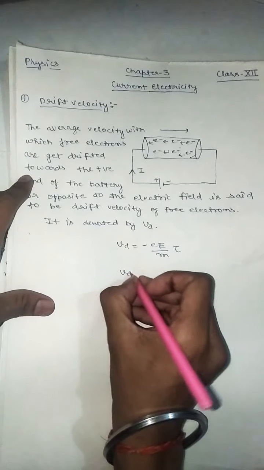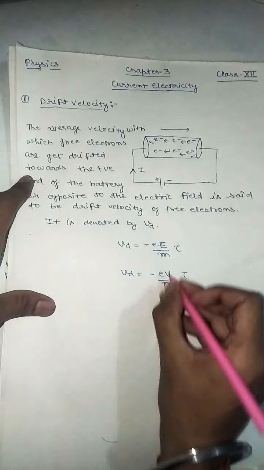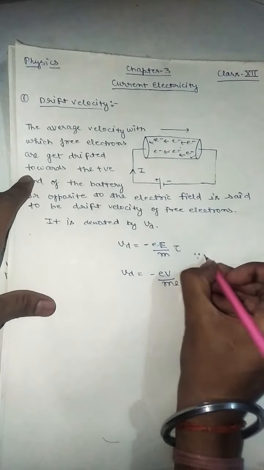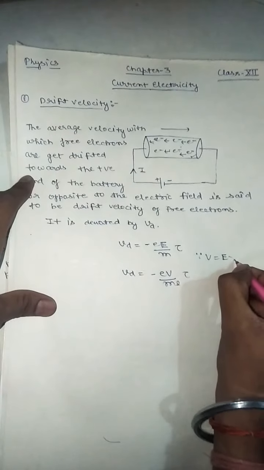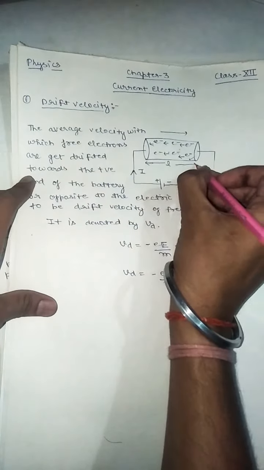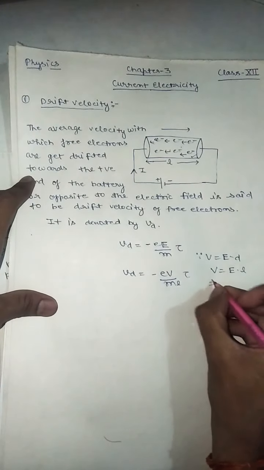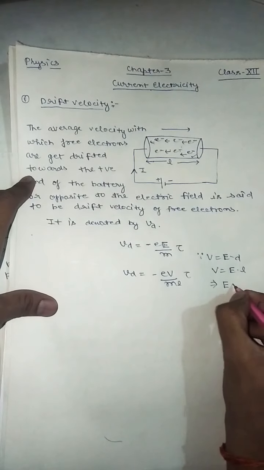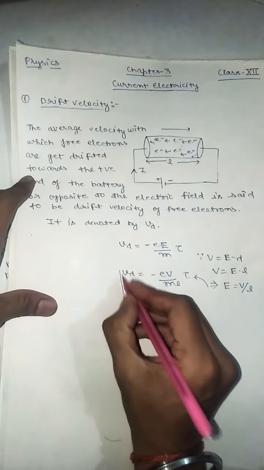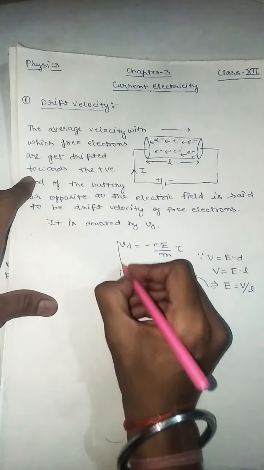Then it can be written as Vd is equal to minus eVτ upon ml. From where does it come? Since V is equal to E times L, taking the conductor of small length l, E becomes V upon L, and putting this in, we get this one. These are the formulas for the drift velocity.